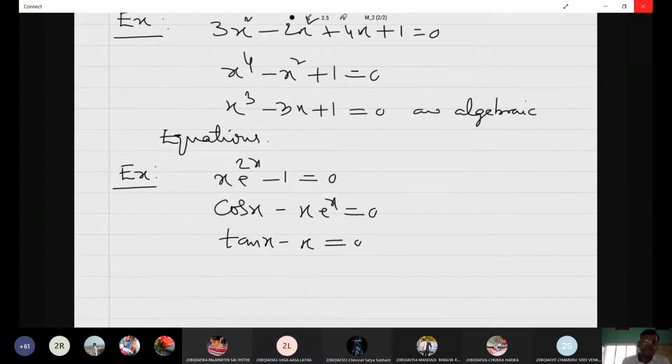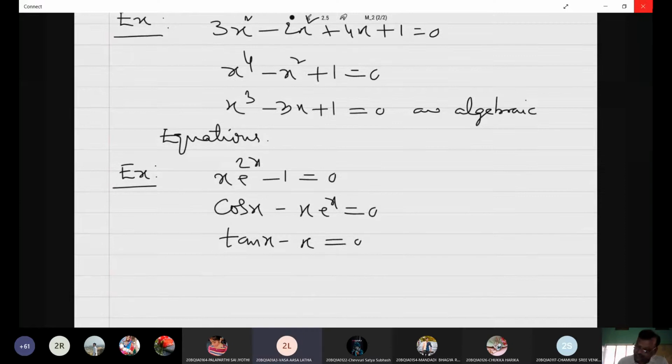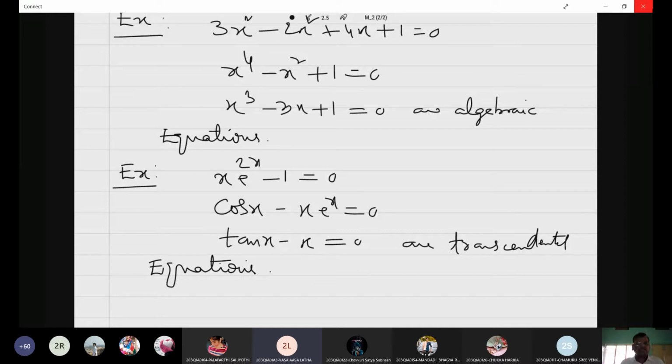These are some examples for transcendental equations.